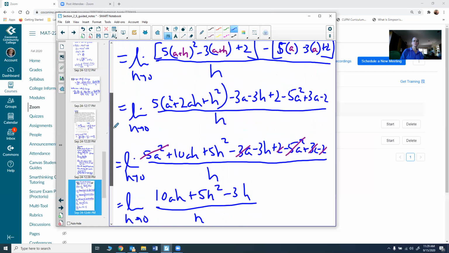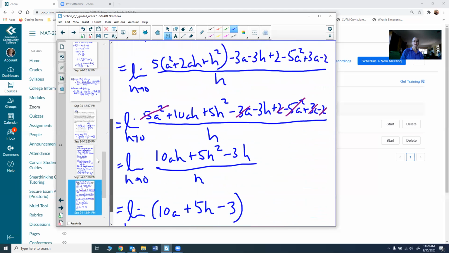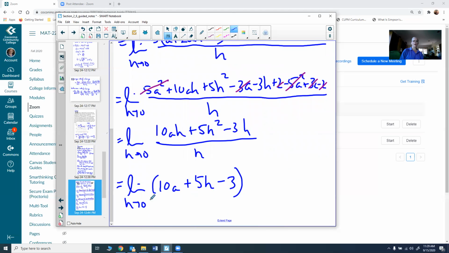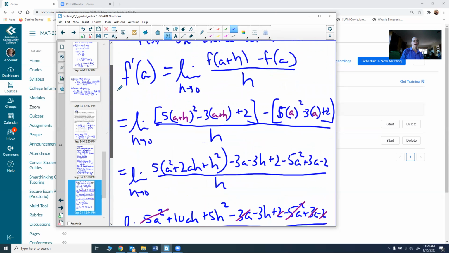So this is where I was heading. And then I can now let h go to 0 because I no longer have the h in the bottom, and I can just use direct substitution. So I end up with 10a minus 3. And that is the derivative at a. That's the rate of change of this function, the function I was working with at a.